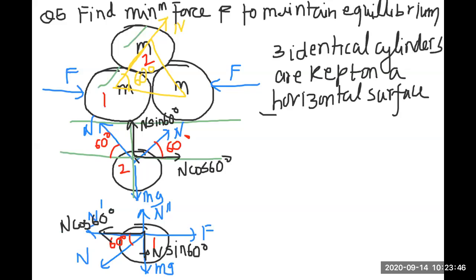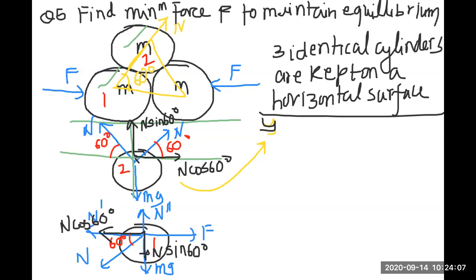So therefore I'm going to get, for this guy, along the y-axis. I'm not really interested in the x-axis, because x-axis पे n cos 60 equal to n cos 60 आ रहा है, जो कि मैं पहले ही वर्कआउट कर चुका हूँ actually.